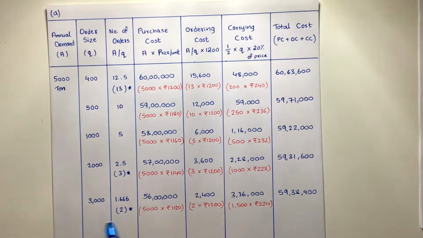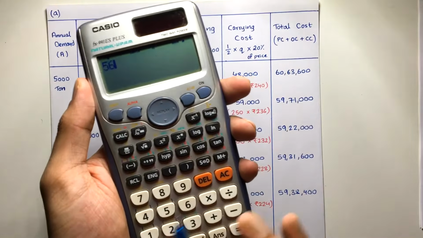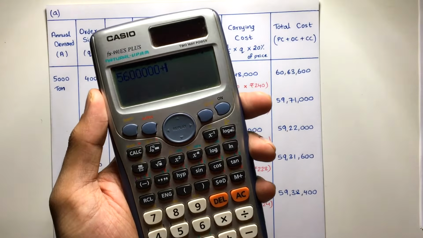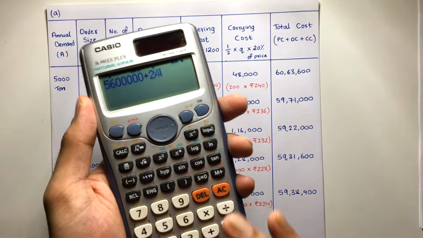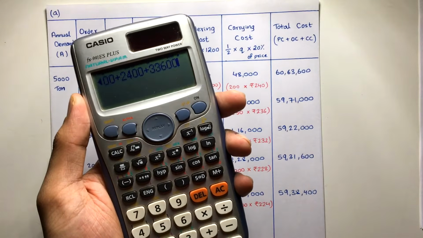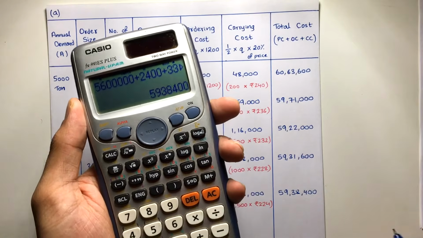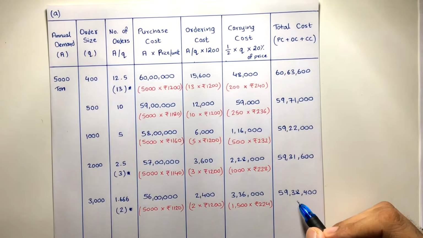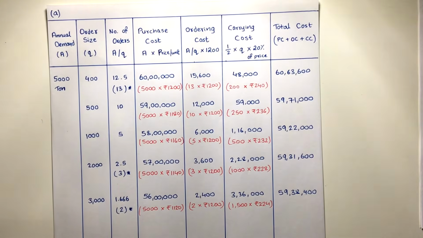After this, we have the last level, 56 lakhs plus 2,400 plus 3,36,000, that's equal to 59 lakhs 38,400.